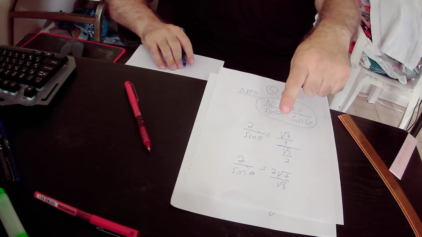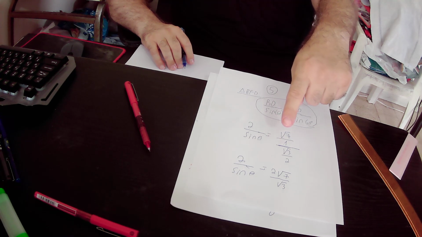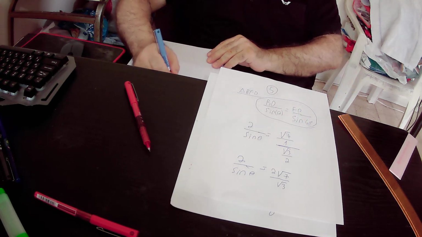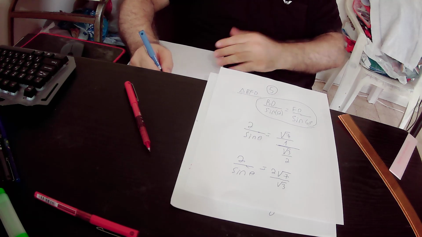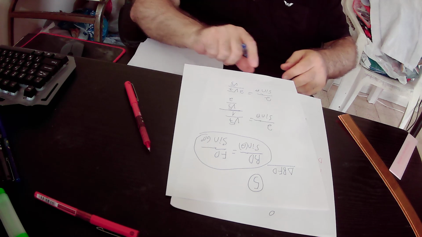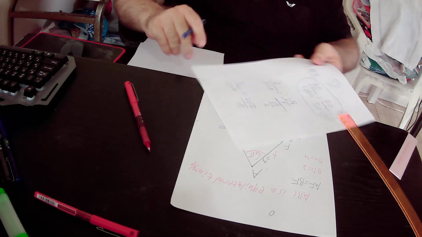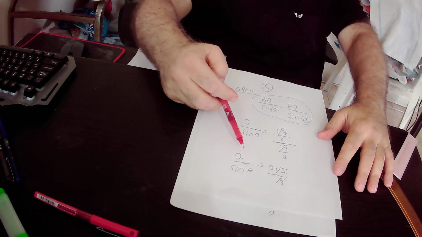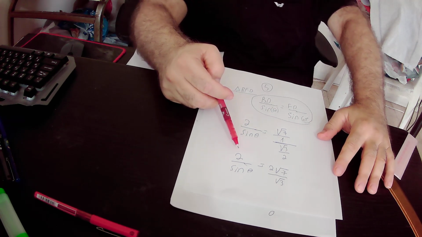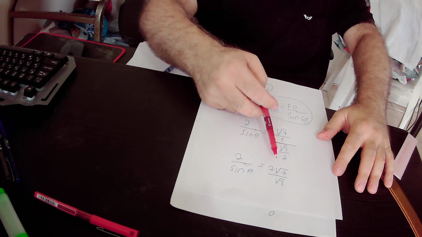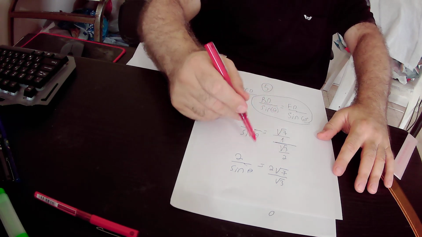In the next step we'll multiply this equality by sine theta. First of all, we have 2 in the numerator of this side of the equation, and we have 2 in the numerator of the other side of the equation.